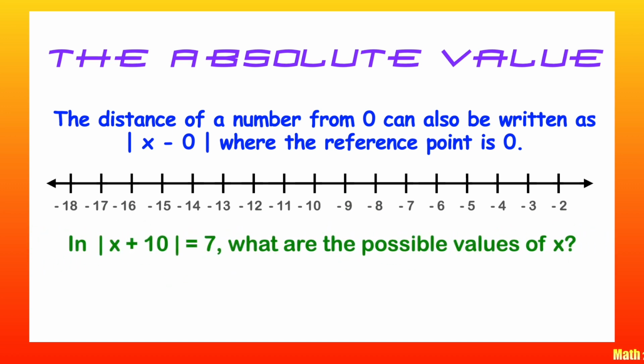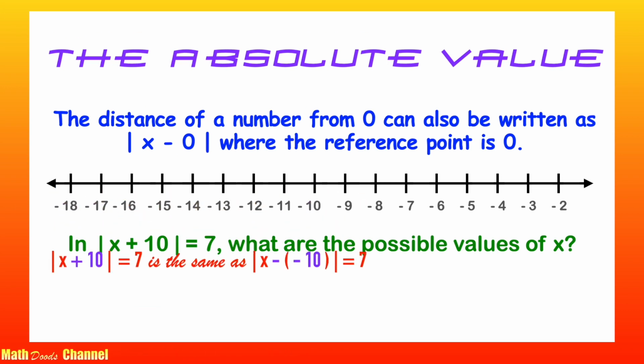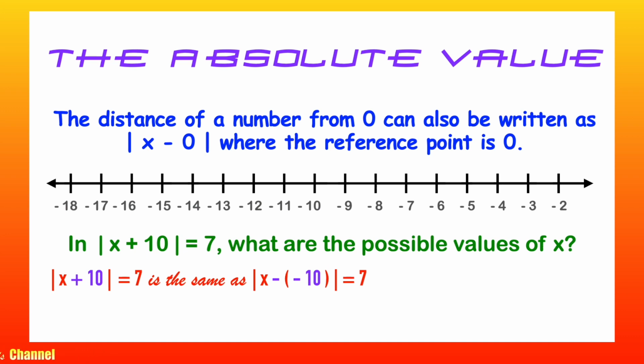In the absolute value of x plus 10 equals 7, what are the possible values of x? Here, we can rewrite this as the absolute value of x minus negative 10 equals 7, so that we get the reference point.